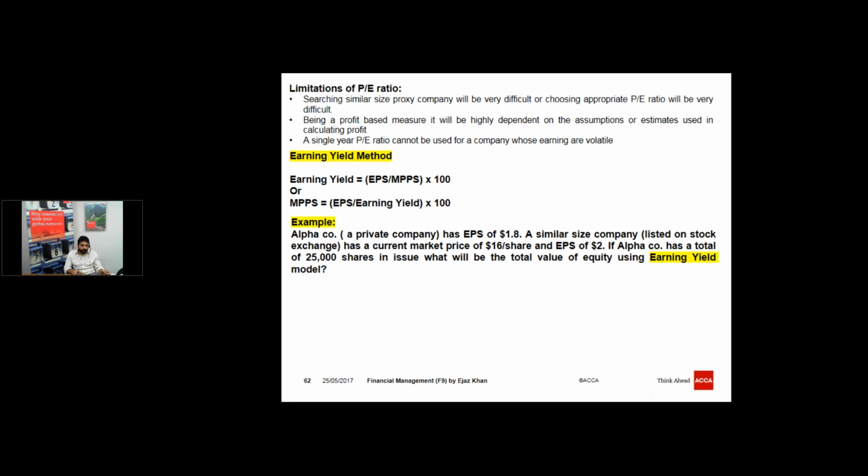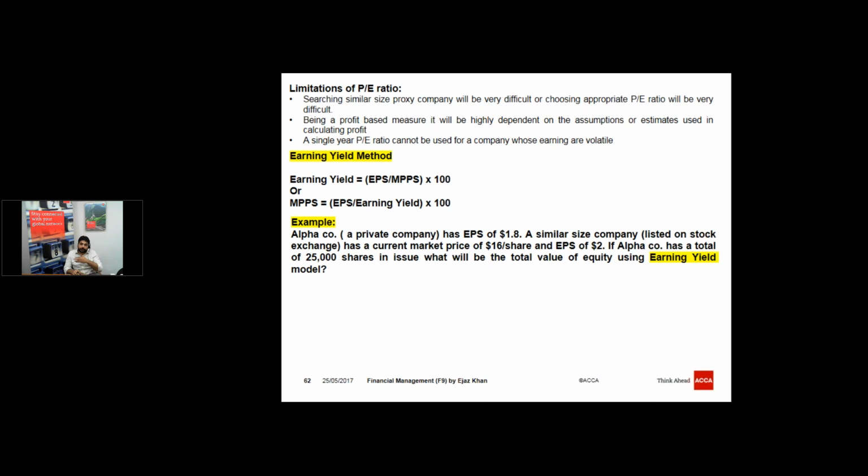Number two, being a profit-based measure, it will be highly dependent on the assumptions or estimates used in calculating profits. A listed company might have a different profit because of different accounting policies, rather than different sales revenue or different operating costs. It might be using a different method for depreciation, or a different method for inventory valuation.